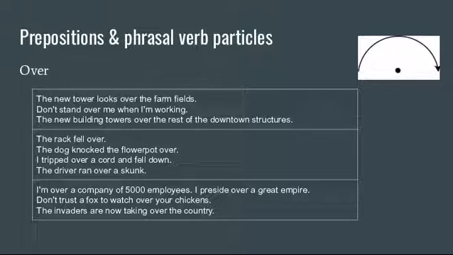I'm over a company of 5,000 employees. I preside over a great empire. It has a metaphorical meaning of dominance, control, power, authority. The invaders are taking over our country, control. So over has this kind of metaphorical meaning, and it comes from the idea of being physically over on top of something. Dominance, control.